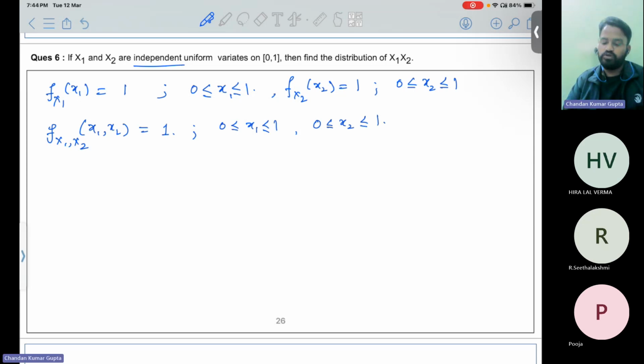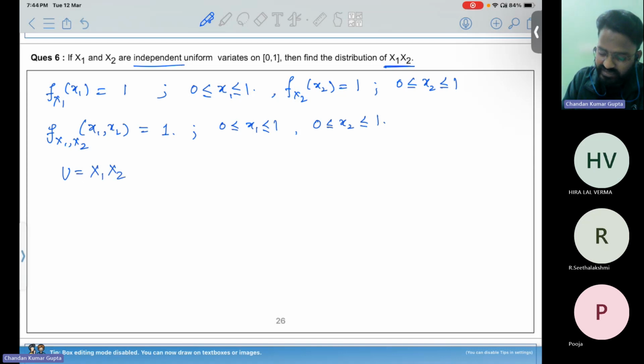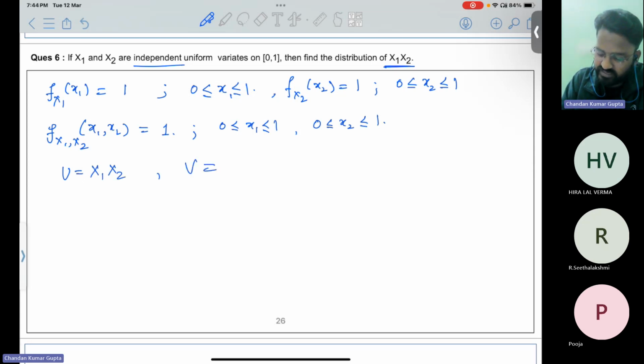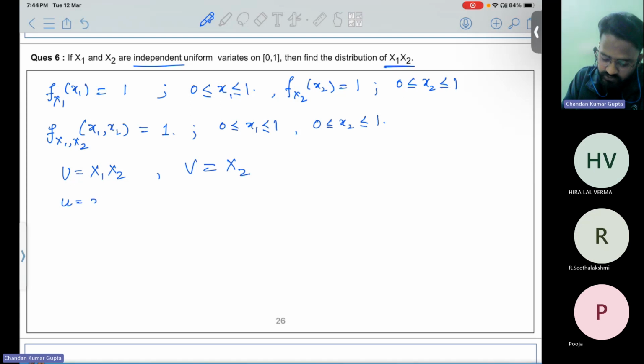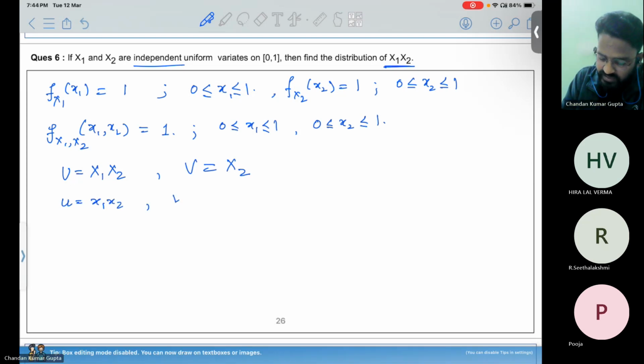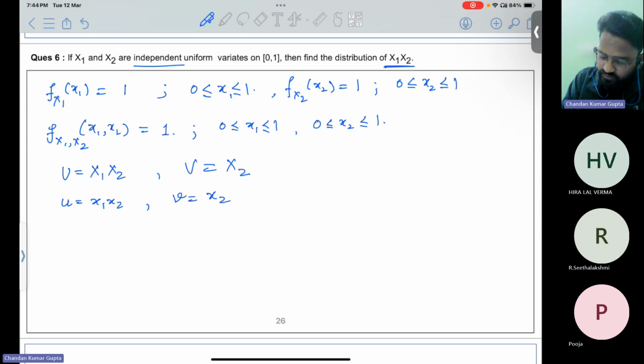Now we need to transform this variable. So consider u equal to x1 x2, and for simplicity we take v equal to x2. So the transform equations are u equal to x1 x2 and v equal to x2. From here x2 equal to v and x1 equal to u by v.